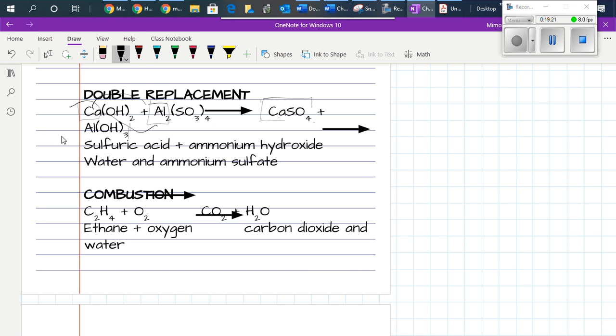Sulfuric acid and ammonium hydroxide are reacting together to form ammonium sulfate and water. I want you to write this chemical reaction from words into a chemical formula.